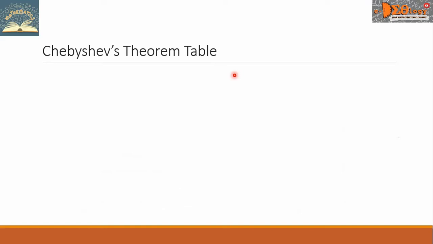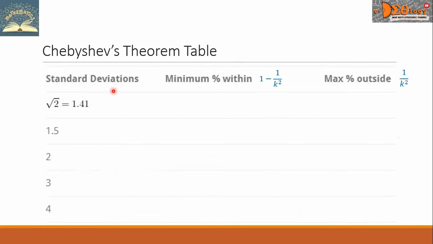Using the formula given a while ago, we're going to construct a Chebyshev's theorem table. Here we have 3 columns. The first column for the standard deviations. We assign values here, square root of 2, 1.5, 2, 3, 4.